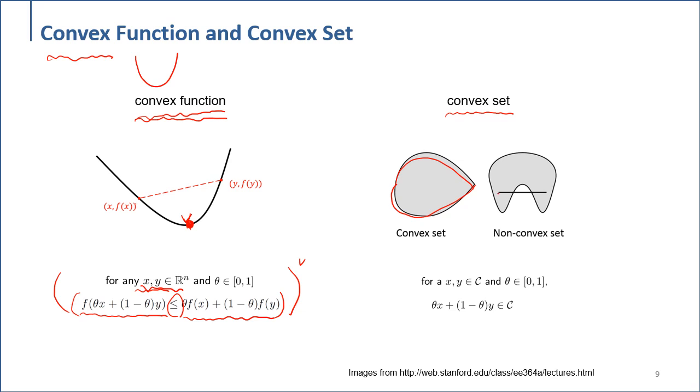As you can see here, this value is not smaller than the interpolation between these values, so this region is not convex. We call it concave. If the set includes some concave part, we cannot say that it is a convex set. So in this case, we call it a non-convex set. And for a non-convex set or non-convex function, we cannot guarantee that the local solution is equal to the global solution.